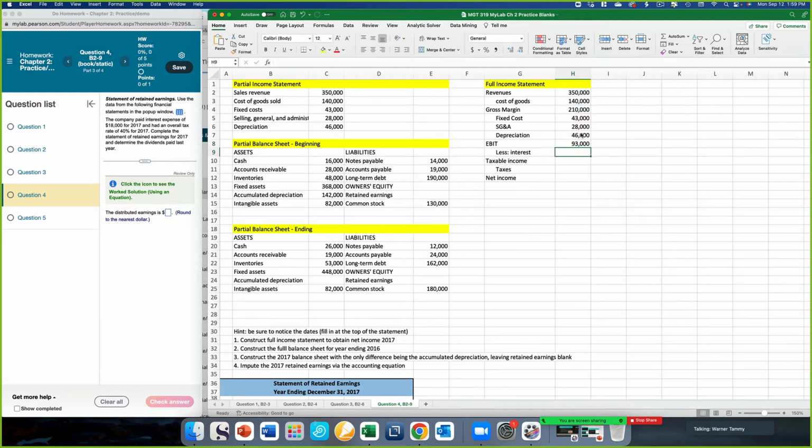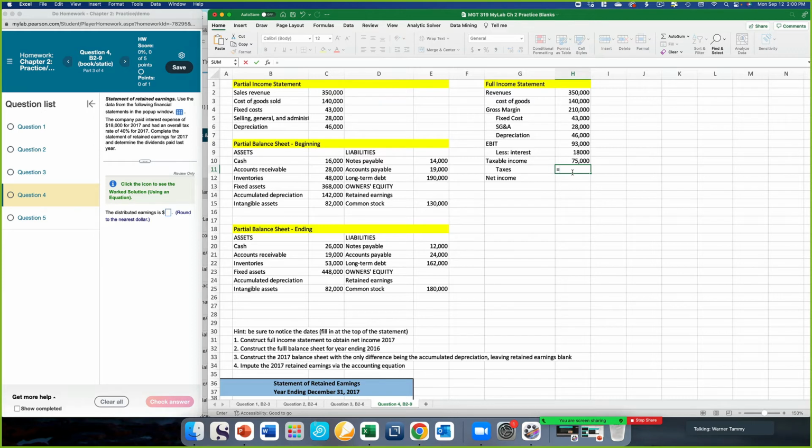And then from that, you subtract interest expense. Now notice, they give us this little aside over here in the instructions, right? So you've got to remember to go back and look at the instructions. So we're going to subtract out our interest expense of $18,000. And so then our taxes, again, it's 40% of the taxable income.